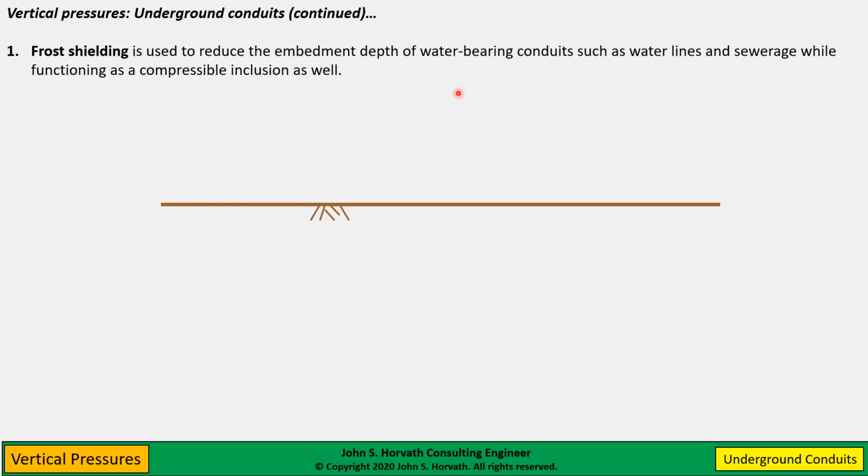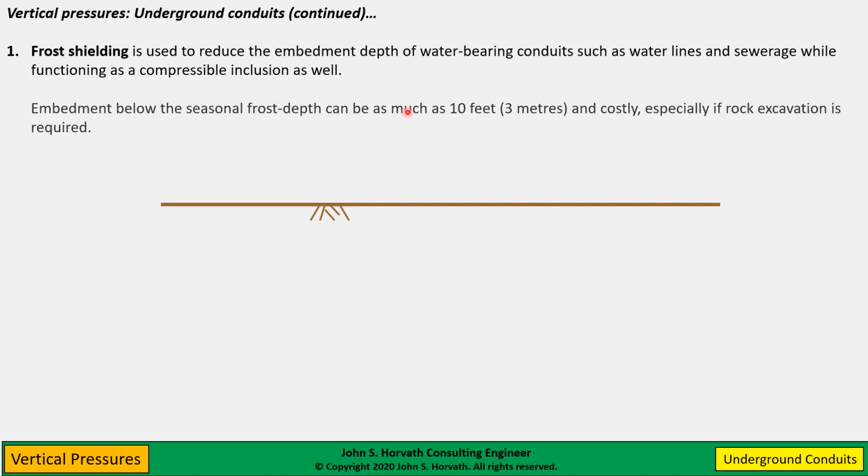So you really get two benefits here. You reduce the cost of the underground conduit product because you have a compressible inclusion and therefore reduce the pressures that you have to design the conduit for. But then you get a construction cost saving because you can bury this conduit at a significantly shallower depth, and I'll show you how.